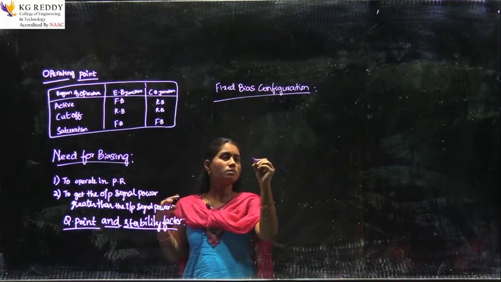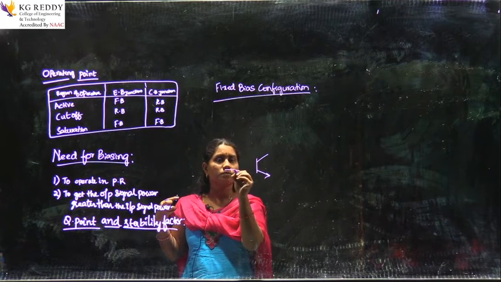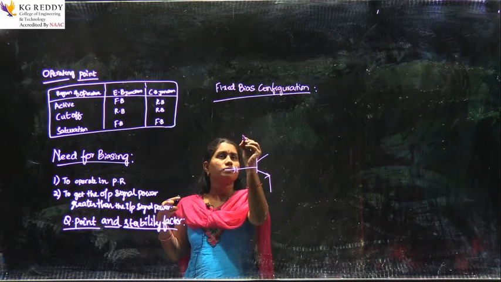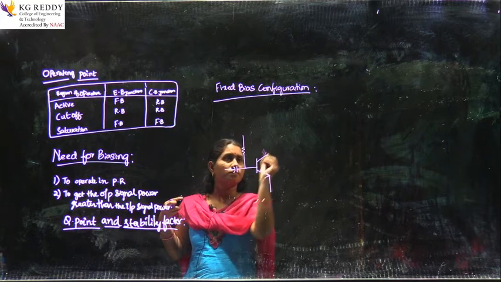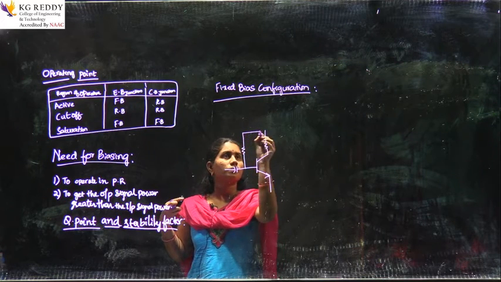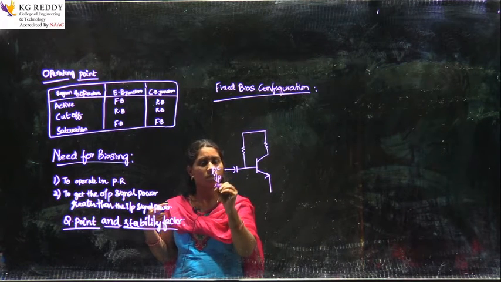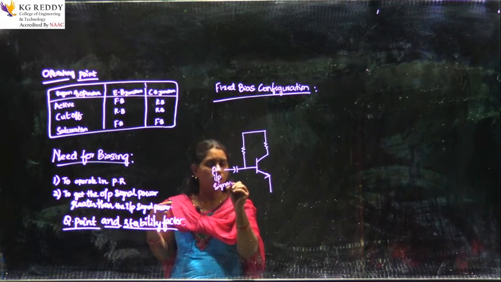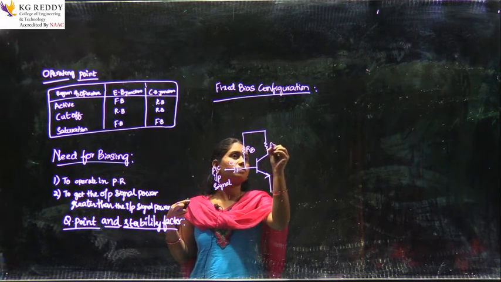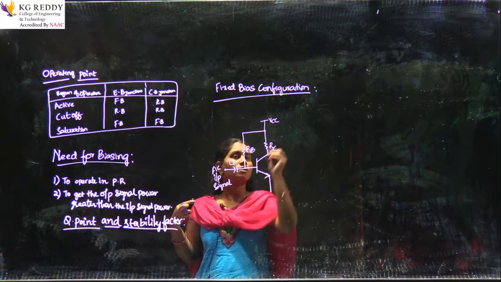Now, I am drawing some simple circuit. I am applying an AC input signal, and a base resistor.